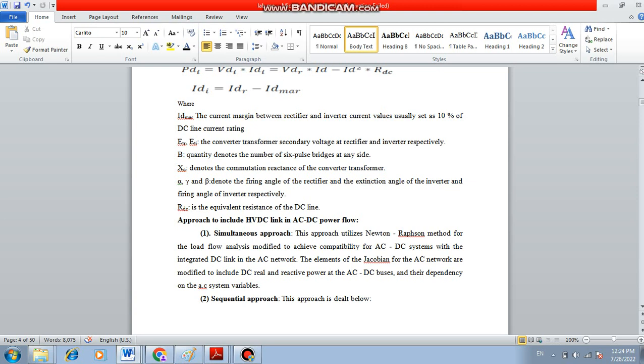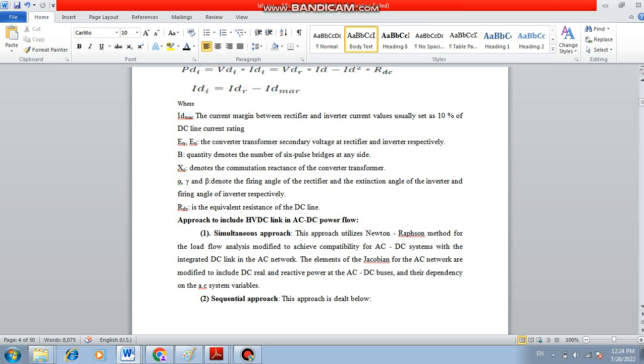In the simultaneous approach you can use the Newton-Raphson method for load flow analysis. Here we need to find the elements of the Jacobian matrix. You have already done this in your UG course, power system analysis, where we did the Newton-Raphson method.